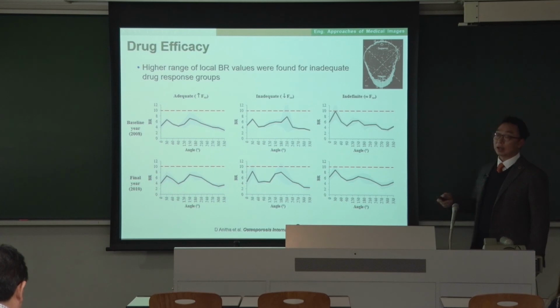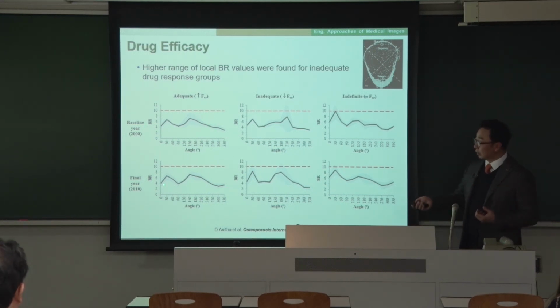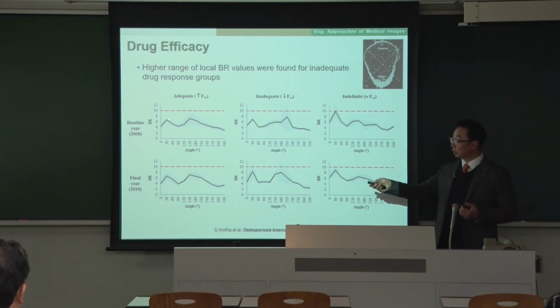And I had a long debate with the medical doctors from pharmaceutical companies. So we again have the adequate group, which works, which means that the bone is getting really stronger according to our point of view. This is 2008, 2009, I skip it, and 2010. So this group is increasing the critical fracture load, these are 2008, 2009.